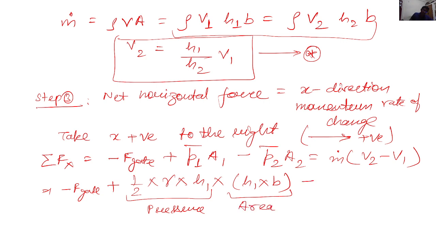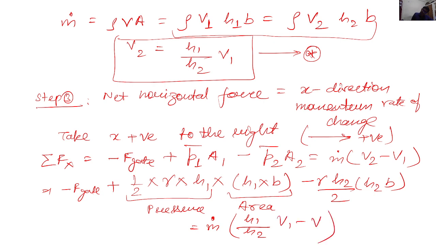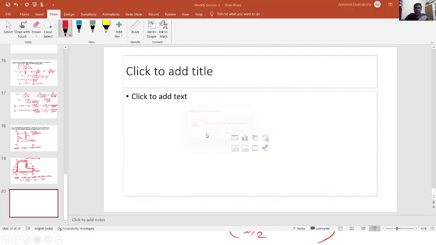Minus P2A2, which can similarly be written as gamma H2 by 2 times H2 B, equal to the change of momentum, which is rho H1 B V1 times (H1 by H2 V1 minus V1). We just replace V2 with the expression star. We'll take just one more slide to finish the question.